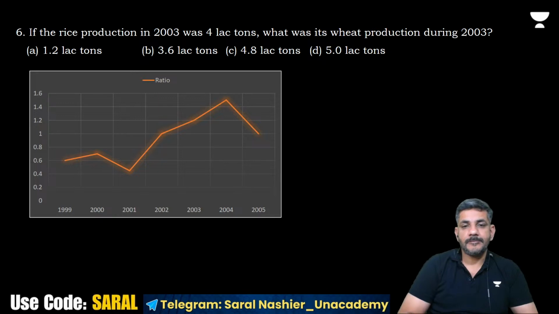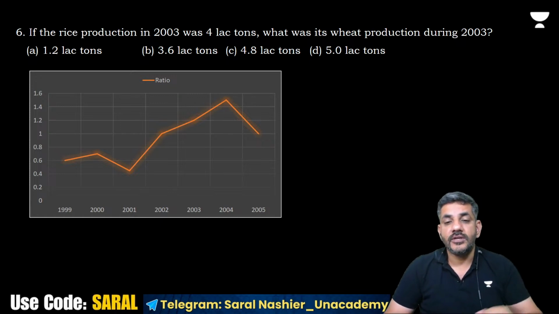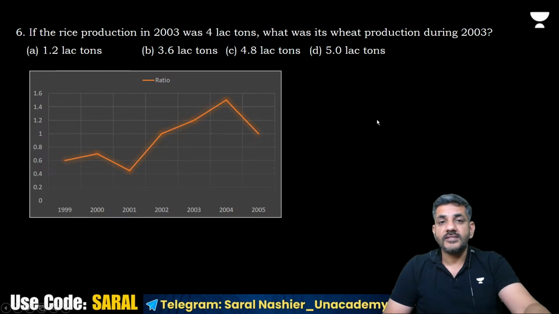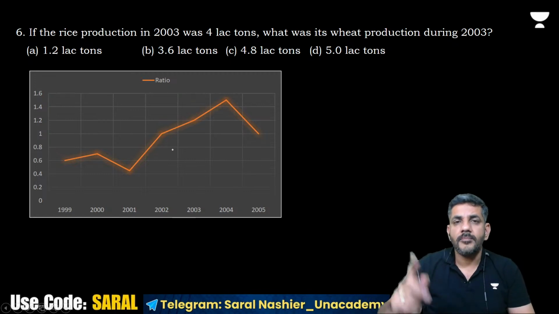Let's start doing it. If the rice production in 2003 was 4 lakh tons, what was its wheat production during 2003? And what is this graph giving me? It is giving me the ratio of wheat by rice.